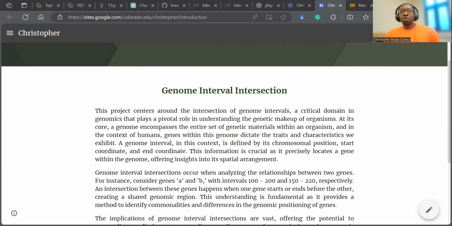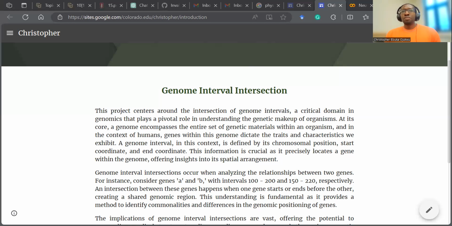An important part of finding genome interval intersections is that it can help, say you have a variant in a gene, and this variant is causing you to have cancer or something. By using genome interval intersection, we can detect if there are any differences between your particular gene and someone else's gene.